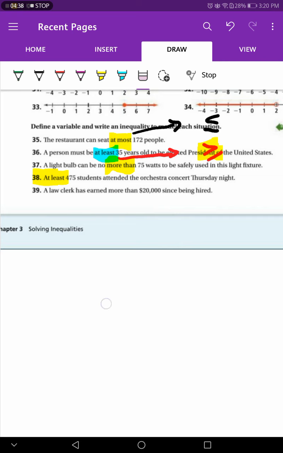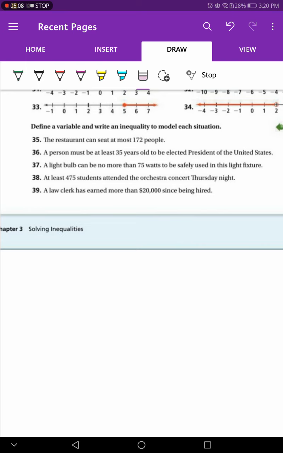Okay, or equal. A light bulb can be no more than 75 watts to be safely used in this light fixture. So it is no more than.